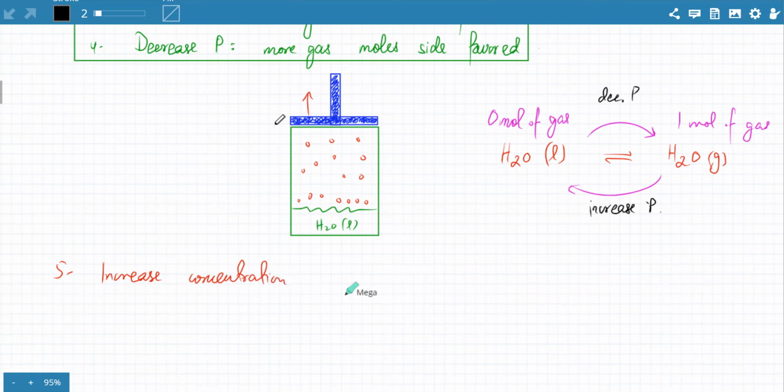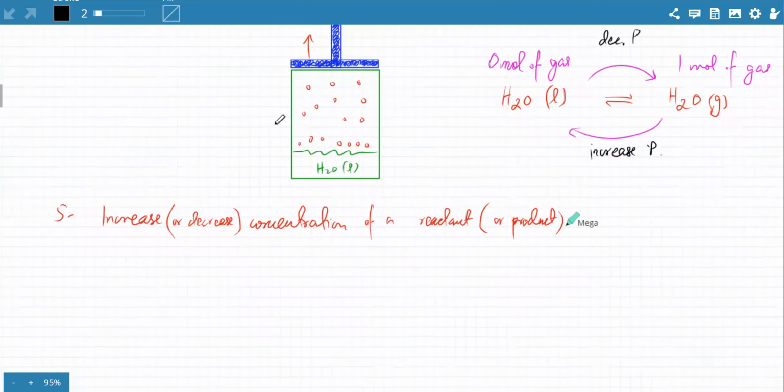If I increase or decrease concentration, it could be the opposite as well. So if I increase concentration of a reactant, or it could be the product as well.